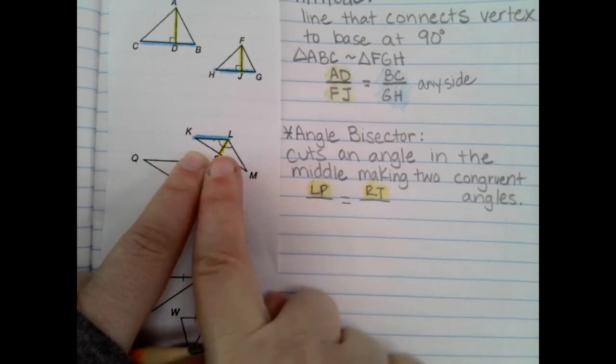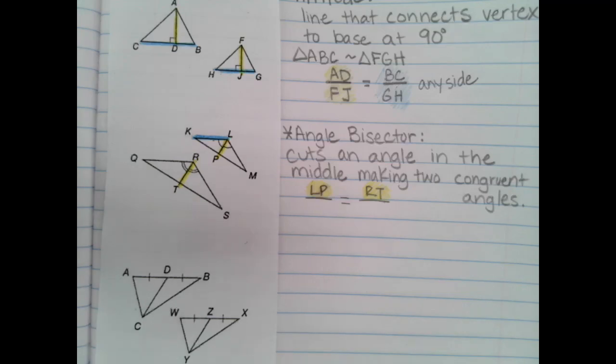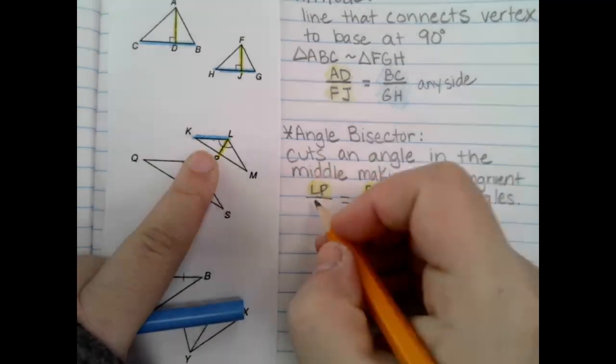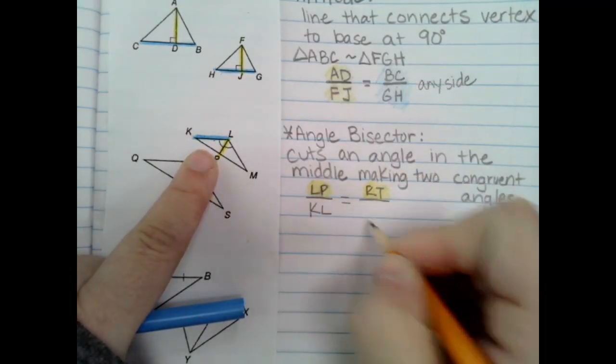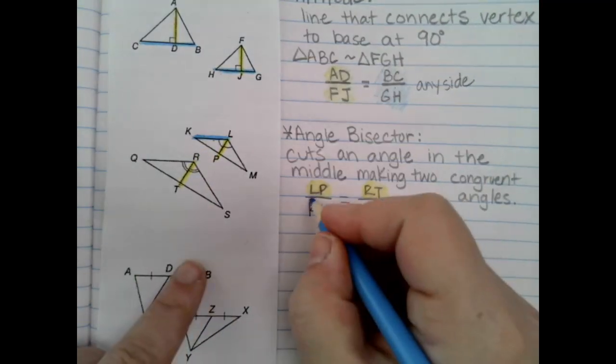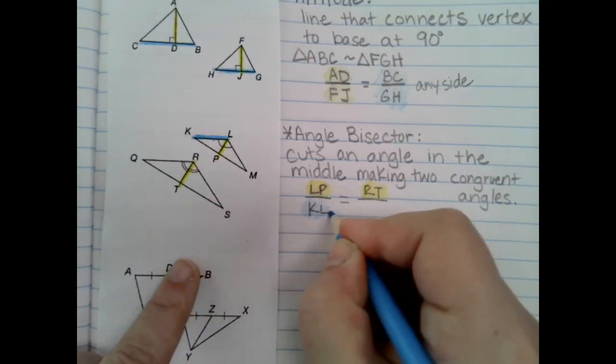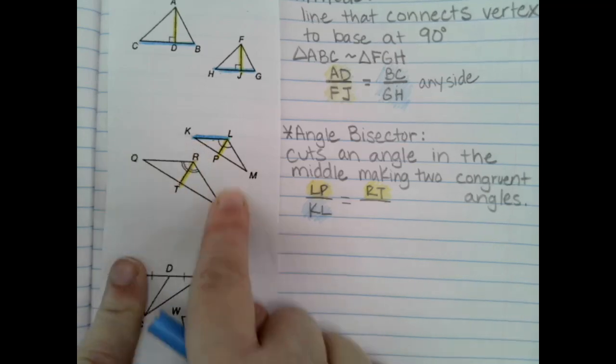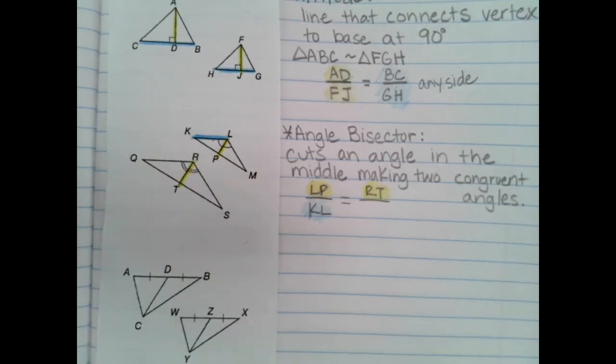KL would go with LP because it's from the same triangle. So we would do KL. But then I want to compare that to the matching, the corresponding part down here.